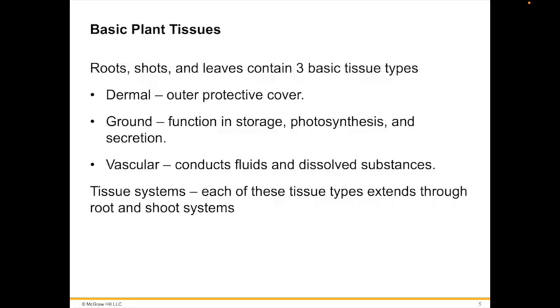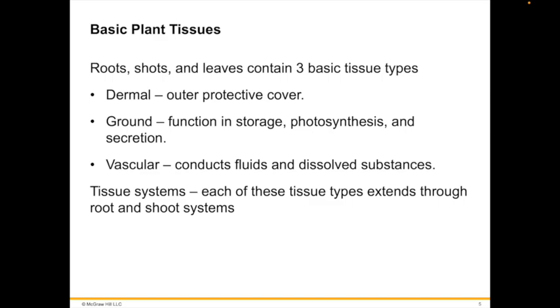Roots, shoots, and leaves all contain three basic types of tissues: dermal, ground, and vascular. Because each of these tissues extends through the root and shoot systems, they are called tissue systems. Dermal tissue, primarily epidermis, is 1 cell layer thick in most plants, and it forms an outer protective covering for the plant.